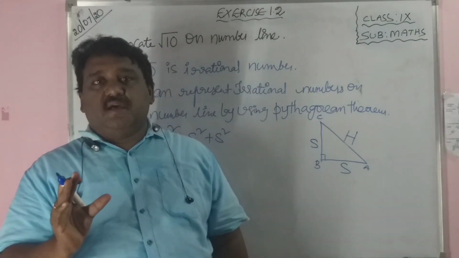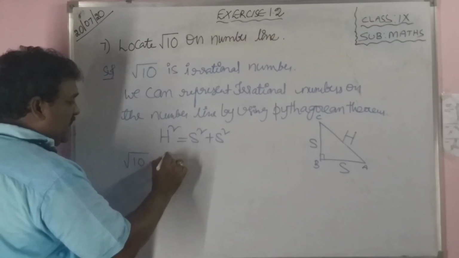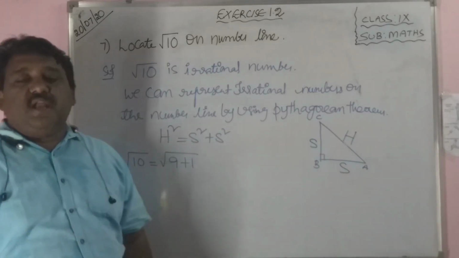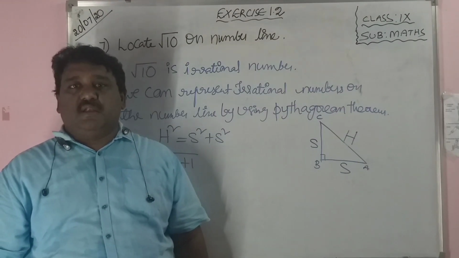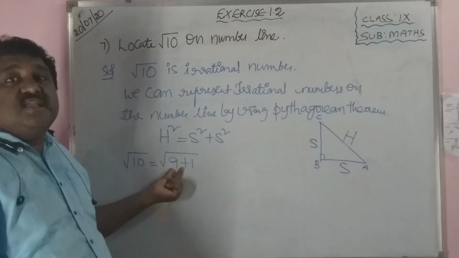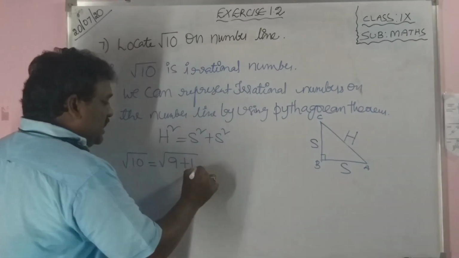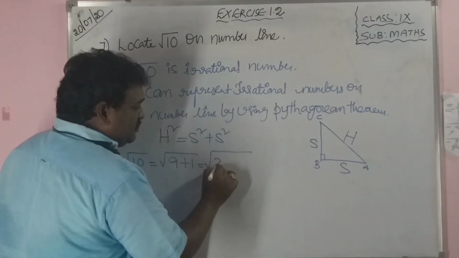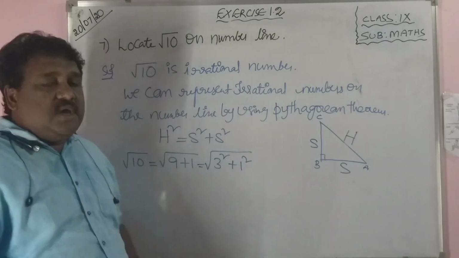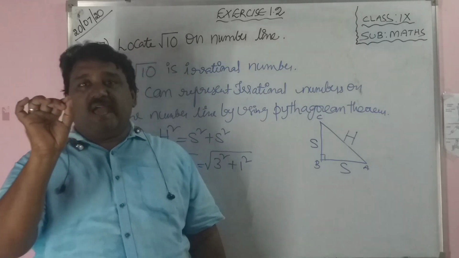How to write 10? 9 plus 1. 9 is a square number. 1 is a square number. How to write 9? 3 square. How to write 1? 1 square.